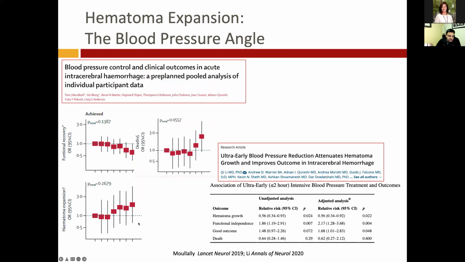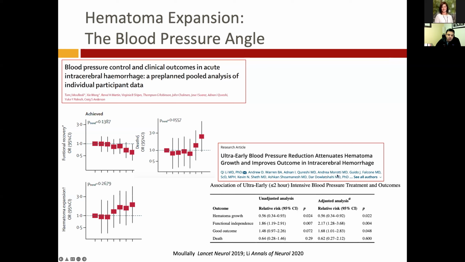So this was a study where they pooled data from the two trials that I just talked about, and they found that if you have a lot of blood pressure variability, the more the variability, the worse the outcome. So here the odds of a good outcome are decreased by almost 30%. And more variability also increases your odds of death. And it also increases your odds of hematoma expansion. So targeting blood pressure variability should be the key.